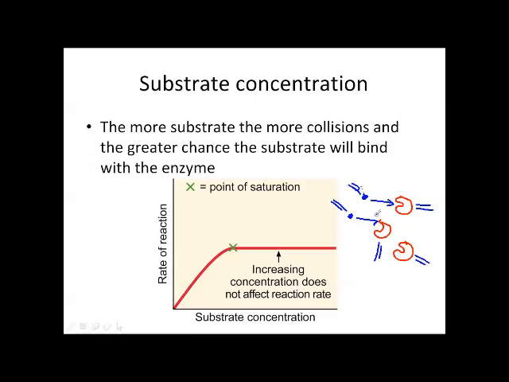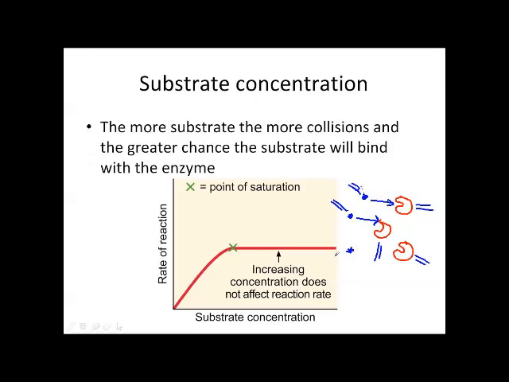If I can draw an arrow, there we go. They both bind to the active site of the enzyme, and a reaction occurs. Since there are 2 substrates instead of 1, it's going to happen twice as fast. If I add a 3rd substrate, same thing's going to happen. The more substrates I add, the more collisions, the higher the reaction rate.